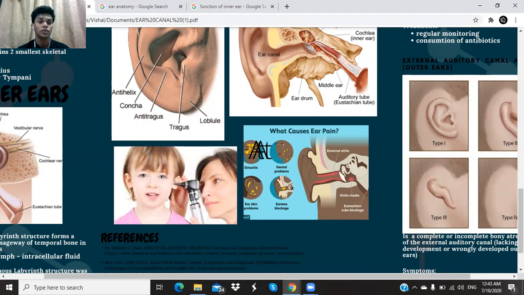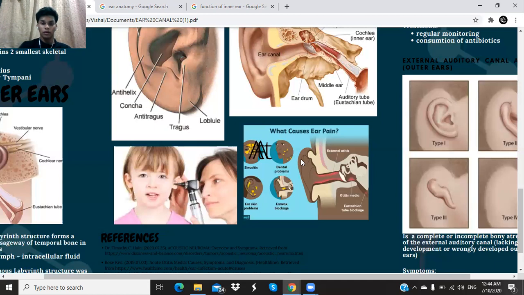This device is used to see what is inside our ears when we are having hearing problems, and it is also used by medical professionals and doctors.